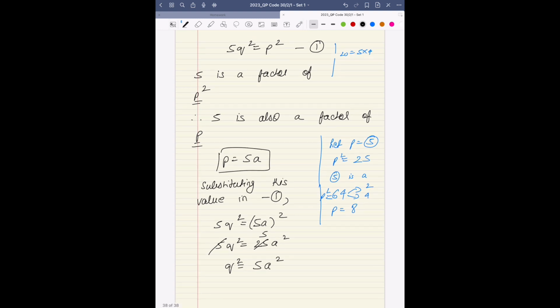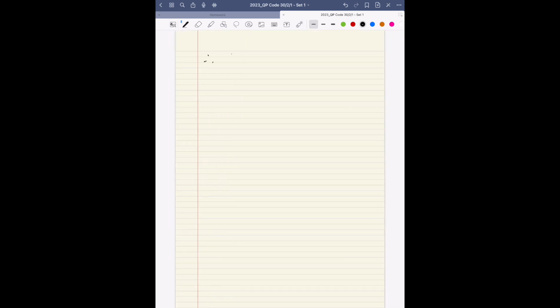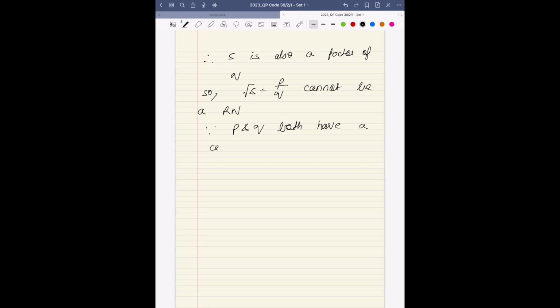Since 5 is a factor of Q square, hence 5 is also a factor of Q. So root 5, which is P by Q, cannot be a rational number since P and Q both have a common factor 5.